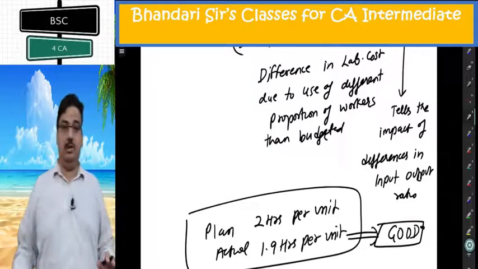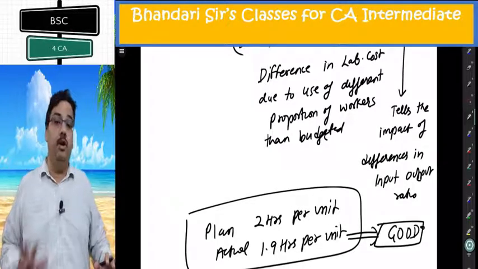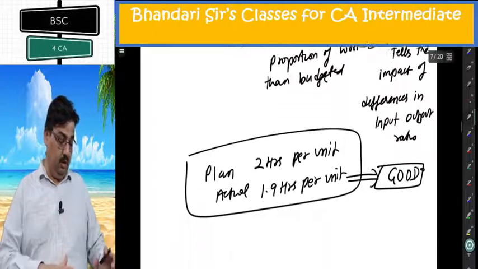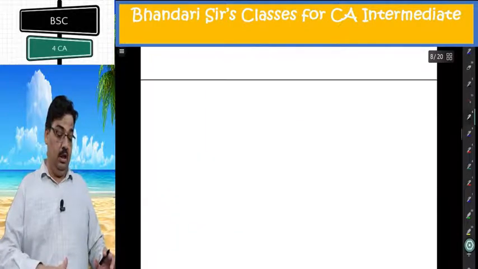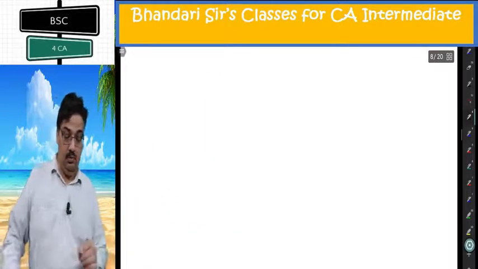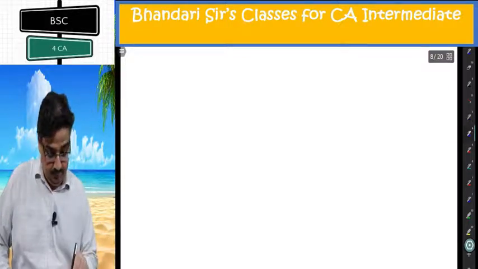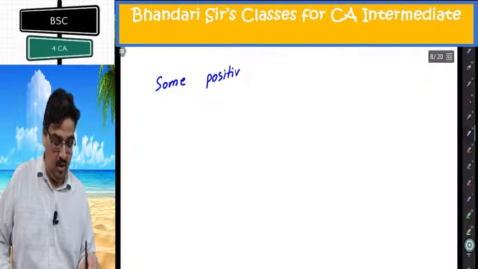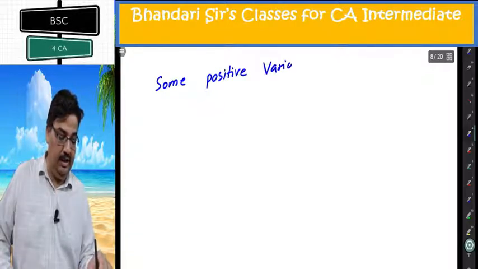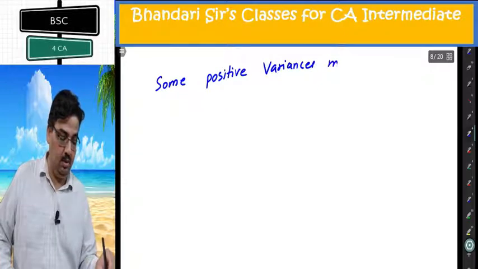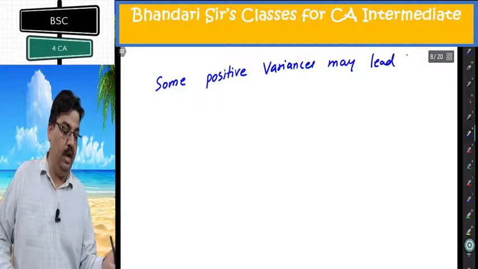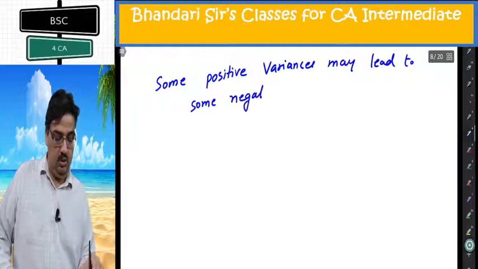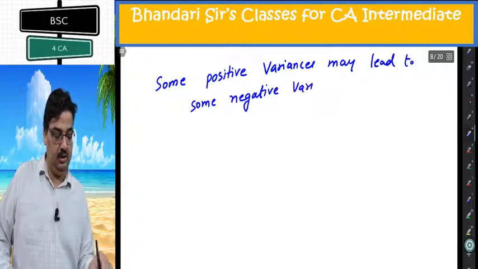Before I finish all of this, I will make one odd comment, which is very interesting and important. The comment is taken from some CMA final exam. It said some positive variances may lead to some negative variances.